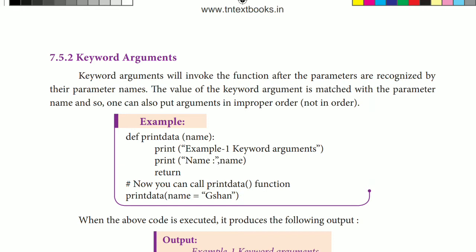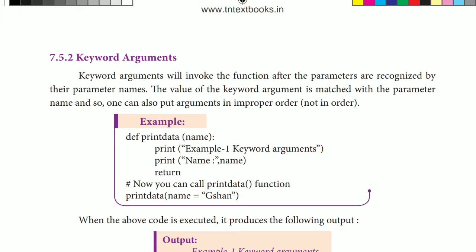Here they have given an example program: def print_data(name). print_data is the function name and name is the parameter. You can see that there are two output statements: "Example 1, keyword argument" will be printed, and in the next line, name will be printed.